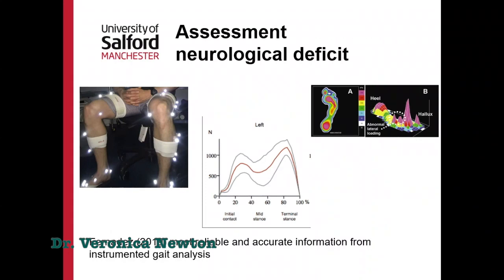So in terms of assessing neurological deficit as podiatrists, there are a number of methods that we can use which are the most reliable and accurate. We may wish to use kinematic data, kinetic force plate data, or plantar pressure analysis. And this can vary dependent upon which patient group we are assessing.